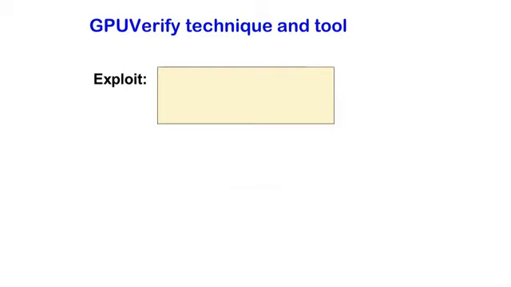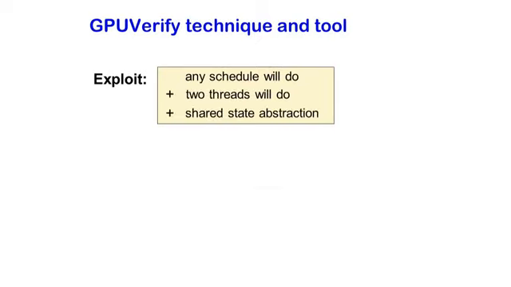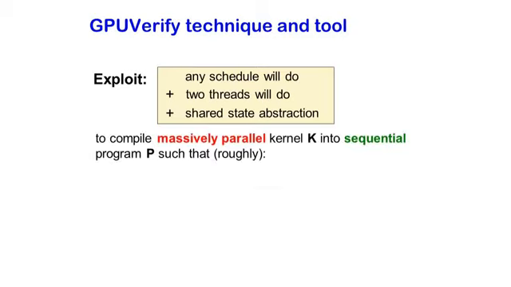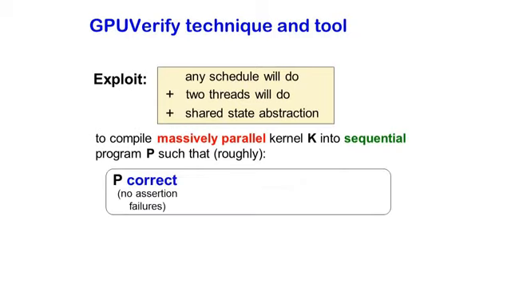So the GPUVerify technique and tool exploits the any schedule will do trick, the two threads will do trick, and also this shared state abstraction to make the two threads trick sound, to compile a massively parallel kernel K into a sequential program P such that, roughly speaking, and I will explain later why this is only roughly speaking, if we can prove that the program P is correct, and by correct I mean that no assertions can fail in P, then we know that the massively parallel kernel K is free from data races.